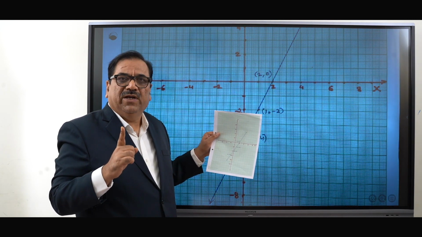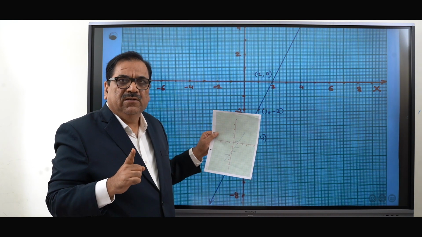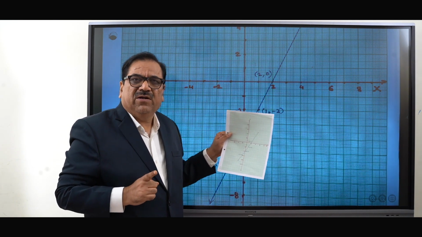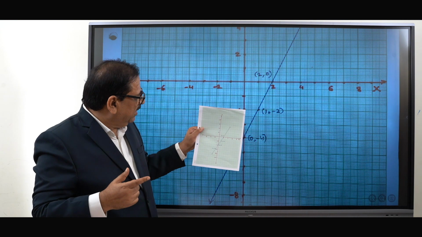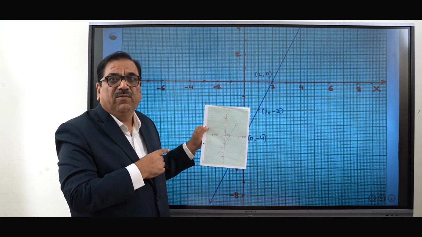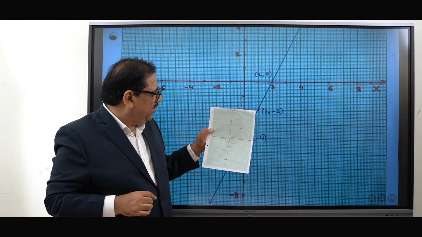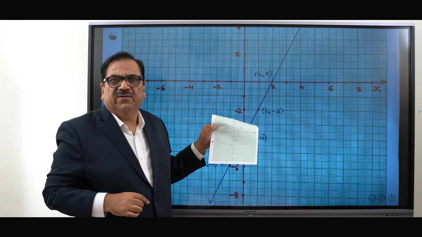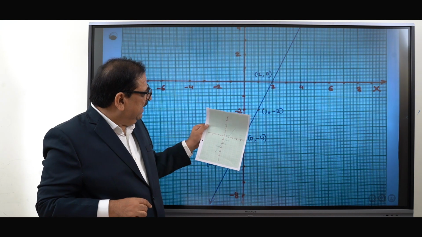Graphical work is always to be done by pencil, not by pen. But to help you understand and get clarity, I have made this graphical work with a sketch pen, so that you can see it clearly.